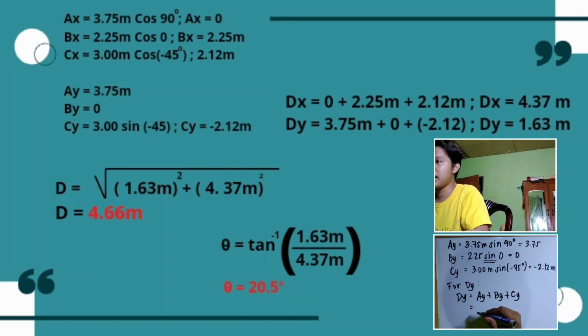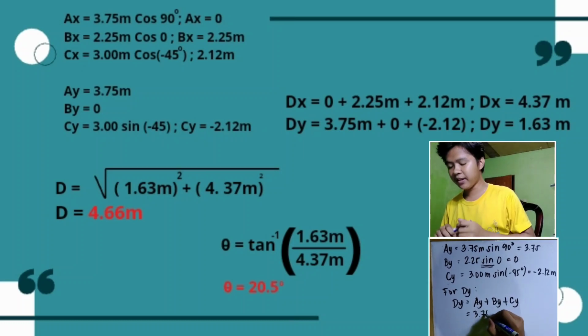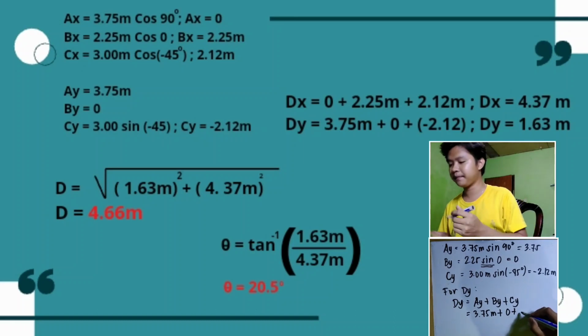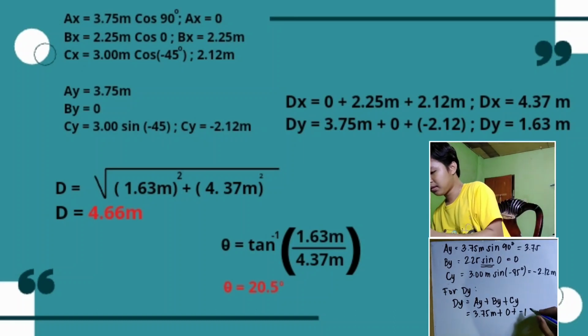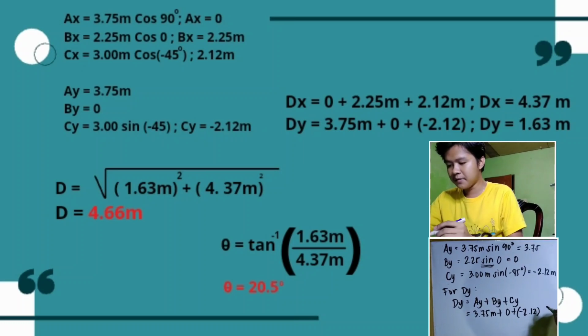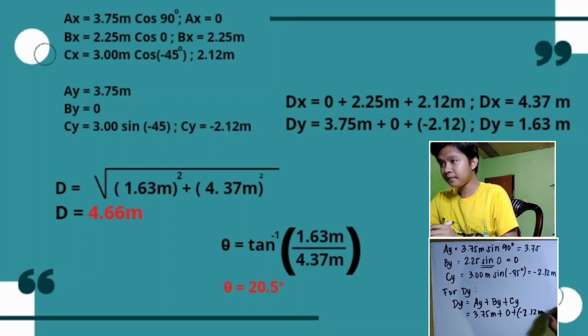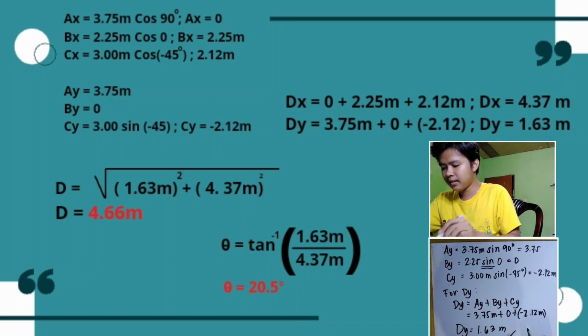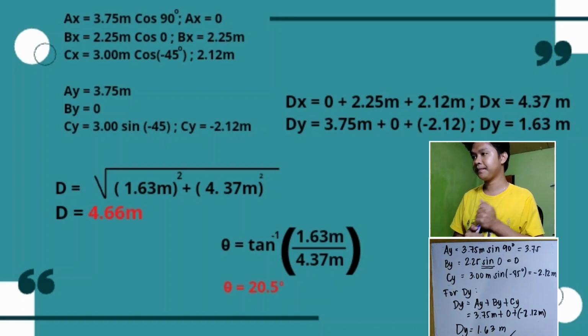So, substitute the givens: 3.75 meters plus 0 plus negative 2.12 meters. So d sub y, adding a sub y plus b sub y plus c sub y, the answer will be 1.63 meters. This is the answer for d sub y.